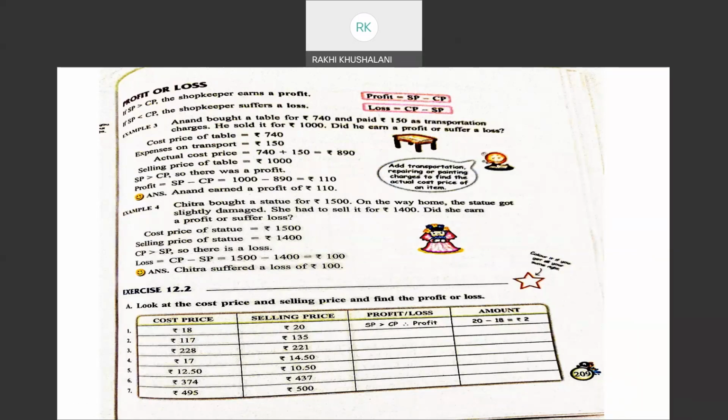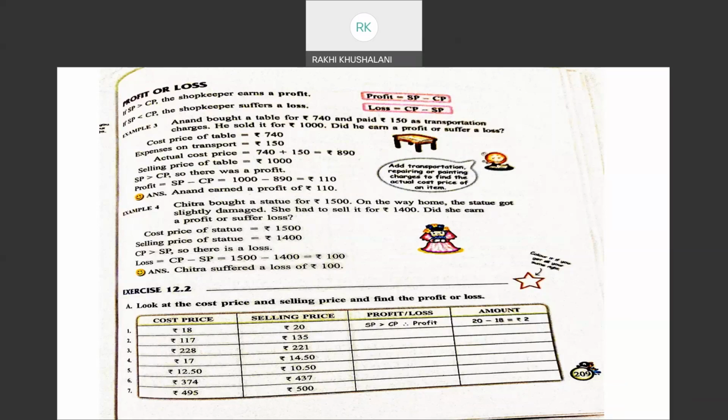He has to add the overhead charges, that he paid to the tempo or the truck person, and to the helper who helped him to put down the product and arrange it in his shop. So the cost price for him will be 20,000 plus the overhead charges.